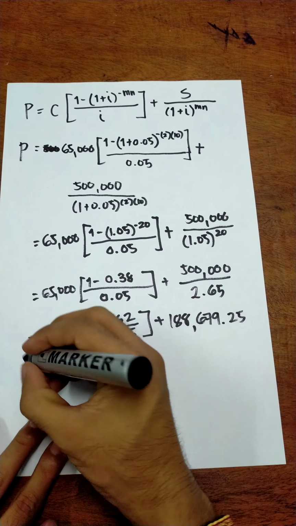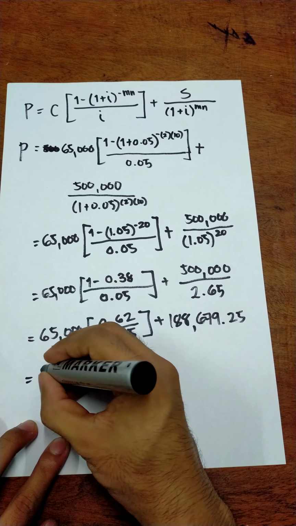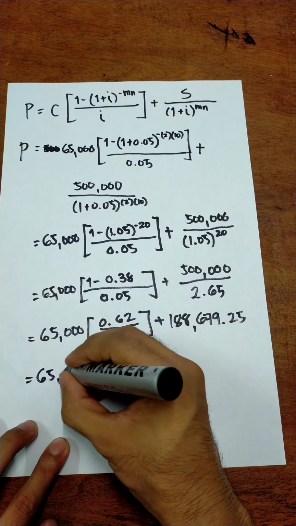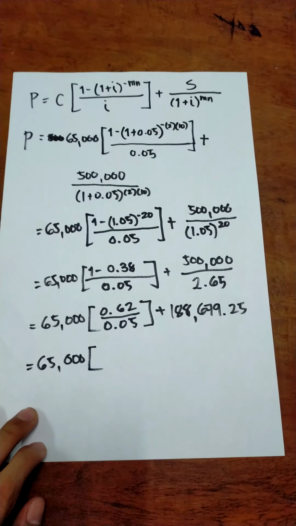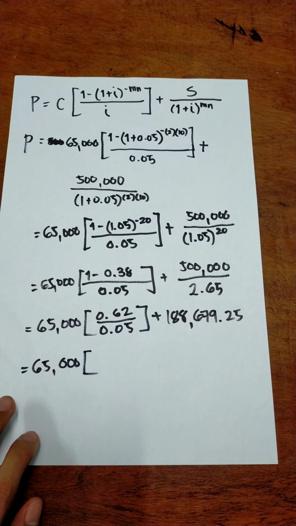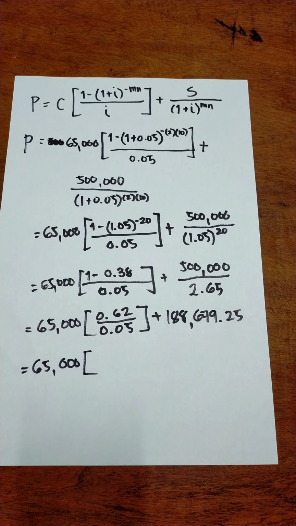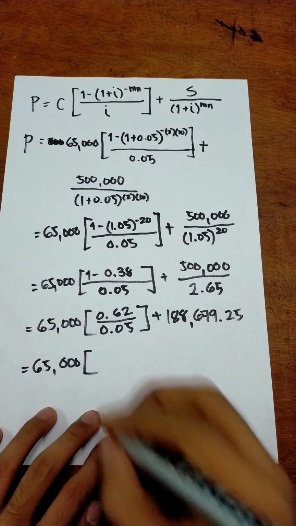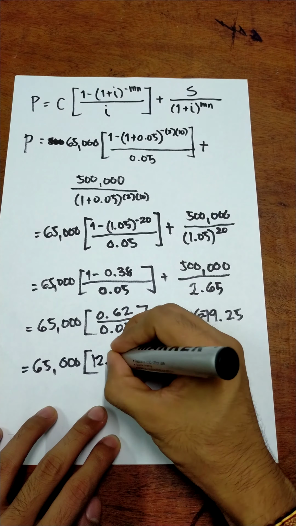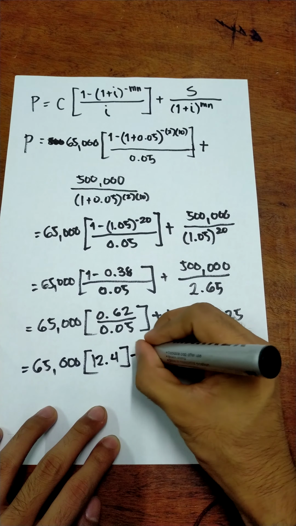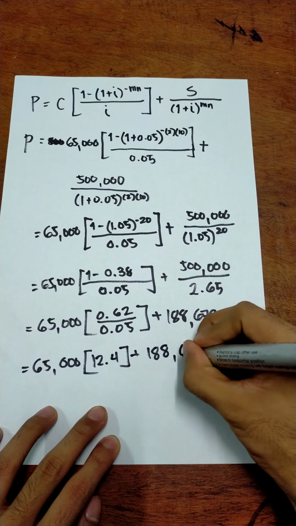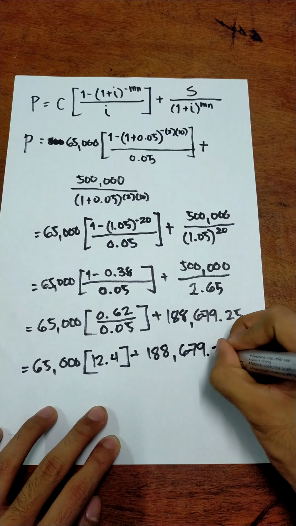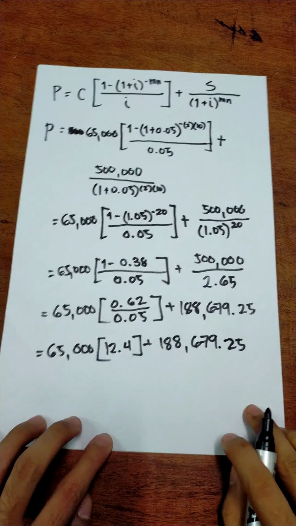Next is to solve this. So, we have 65,000. So, 0.62, okay? 0.62 divided by 0.05, we have 12.4. Plus, copy this again.